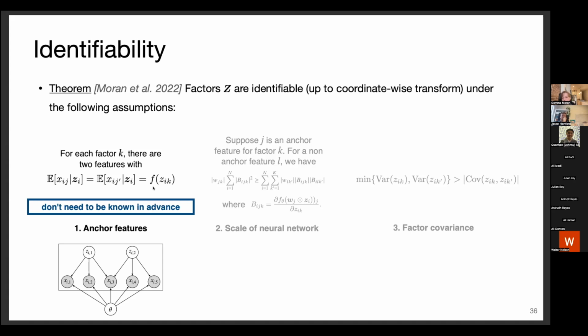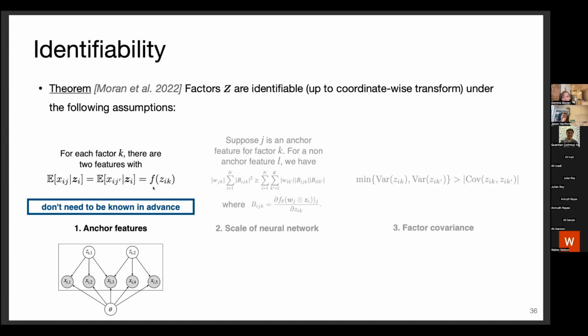In our model, we don't actually have this exact constraint, and it still does a decent job. So for the proof to go through, X1 and X2, the pair of anchor features associated with Z1, take on exactly the same values, but in practice the sparsity seems to be enough.